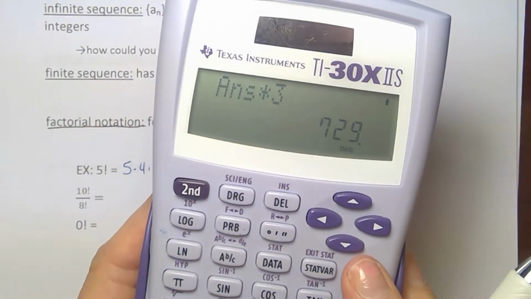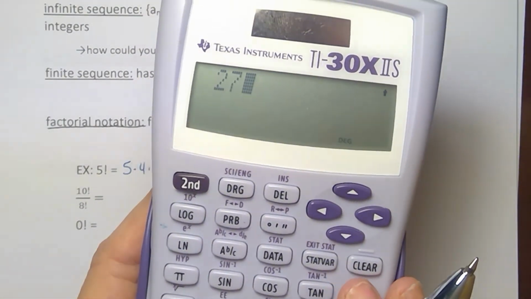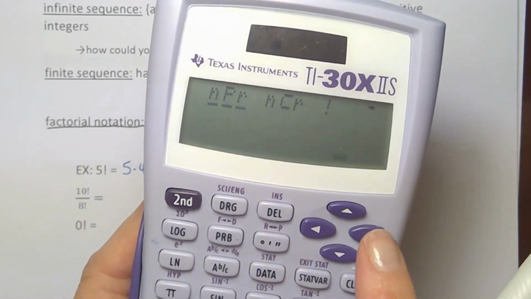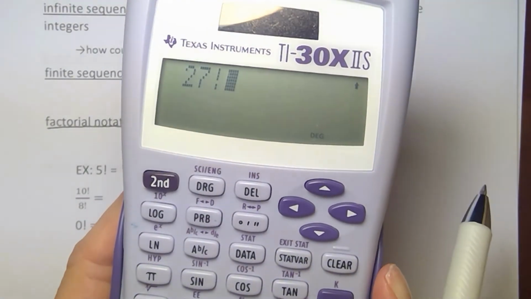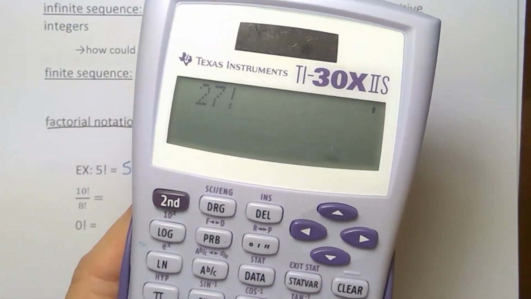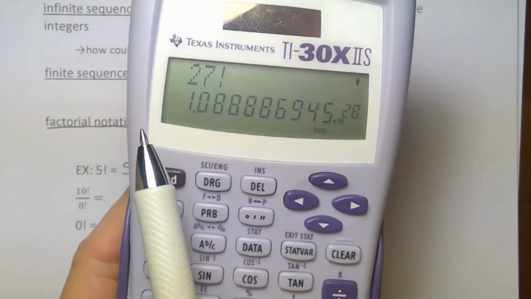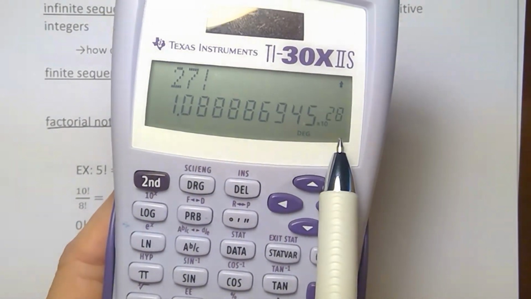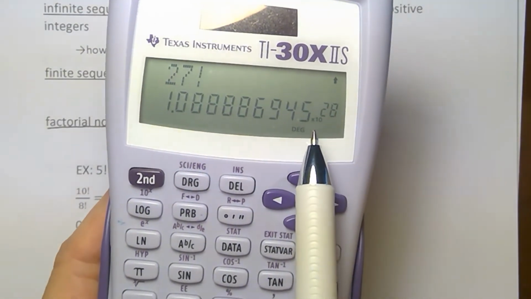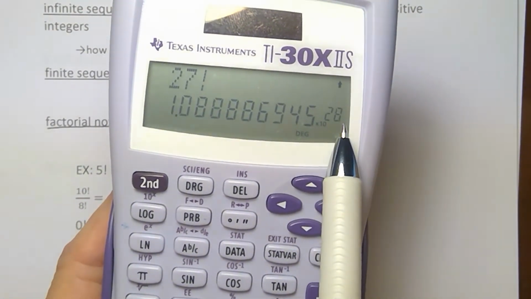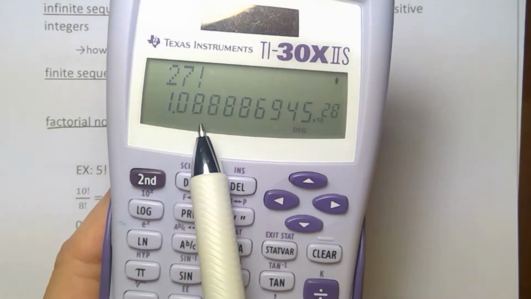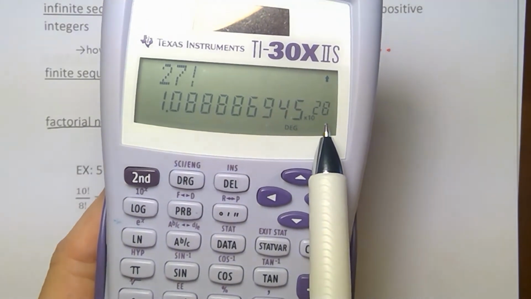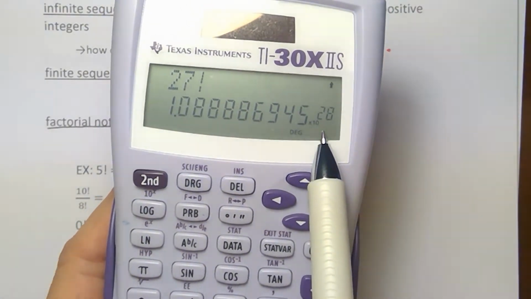If I want to find 27 factorial, I'm going to enter 27, then push that probability button and move my cursor over to the exclamation point because that means factorial. So here I have 27 factorial. It gives it to me in scientific notation because my screen is not large enough for this number. This says times 10 to the 28th, which means I need to move my decimal place 28 times to the right. So that's a really, really big number, 27 factorial.